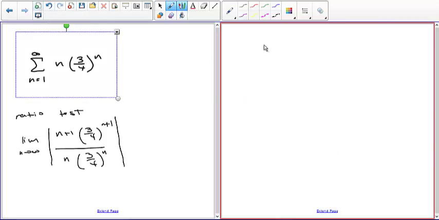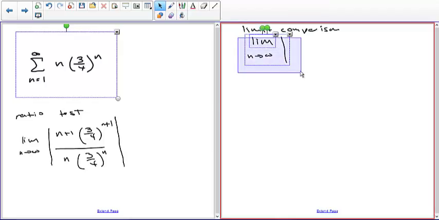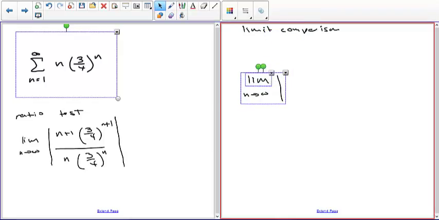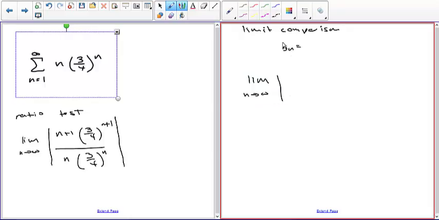And if you use the limit comparison test, you first see if the limit, so this is the limit comparison. You take the limit as n goes to infinity of, well, you have to figure out some b sub n that compares to this thing. So a sub n would be equal to the original argument, n times 3/4 to the n.